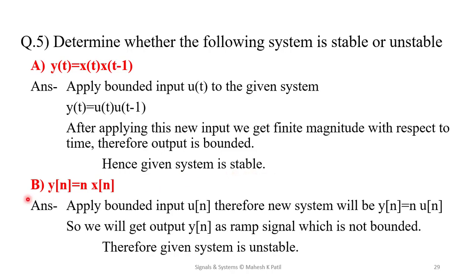Now consider the next equation, y(n) equal to n x(n). Here you apply the bounded input as u(n), that is the unit step signal. Therefore, our new system will become y(n) equal to n u(n).